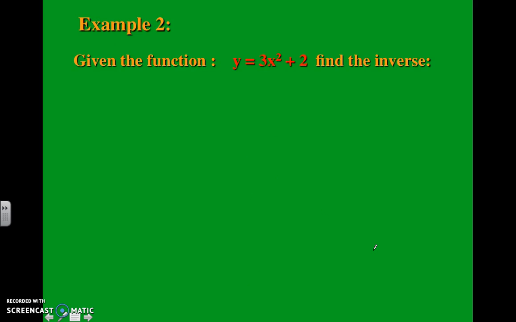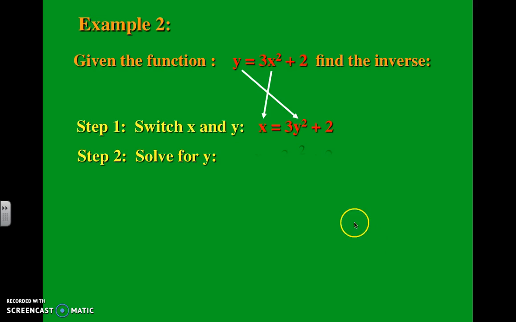All right, one more. Let's go through. If you have a function like this, first thing you want to do, you want to switch the x and y. Now that we've done that, notice again, even though it's x squared, only the x switches. The exponent there stays.